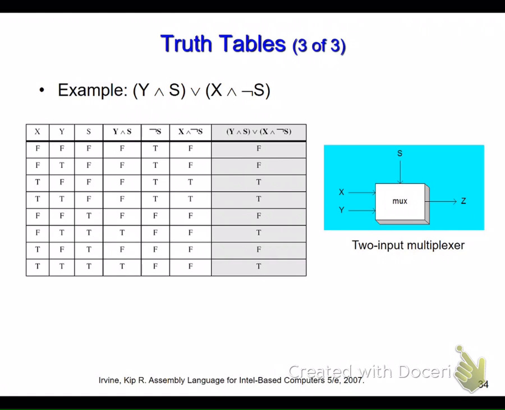So this one is the multiplexer. The symbol we usually use is something like that. We will have some inputs here, and you have a control, and then you will have an output. Correct?